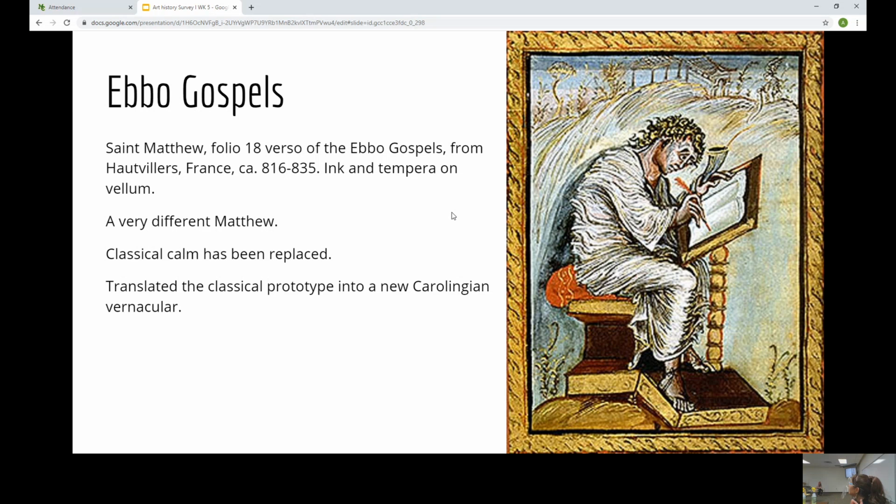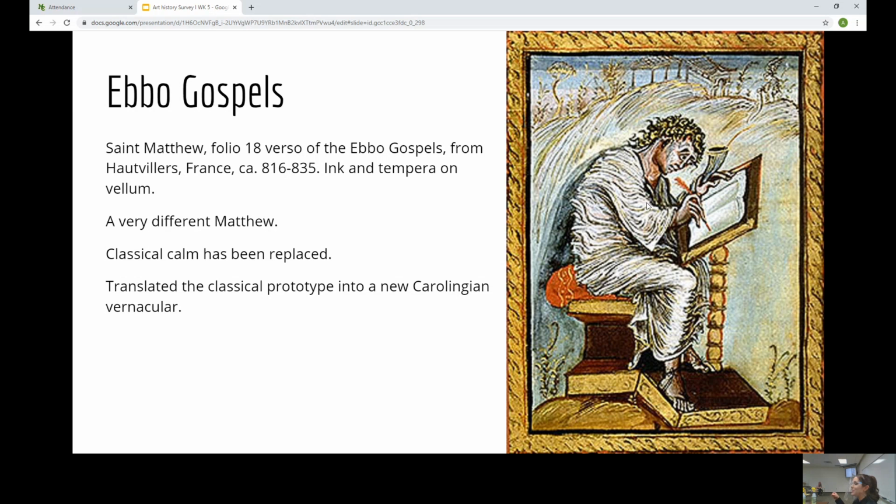It has a tone though, and what is that tone? Yeah, the tone is frantic stress. That's the point. He is shown stressed out, like he's trying to ferociously write this down as quickly as possible as he is hearing God's word, which is also why he has a little ink jar there.